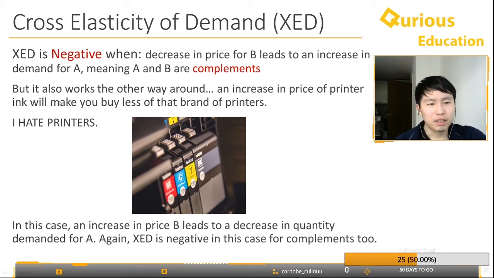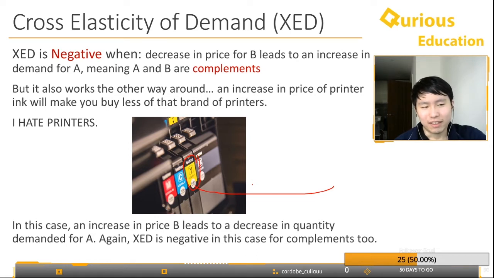So for example, you've got printers here, and I really hate printers, and the reason being is because for some printers, if you run out of ink for just one type of color, then the printer won't print. So let's say if you ran out of ink for yellow, then you won't be able to print anything, even though there is ink for cyan or whatever.